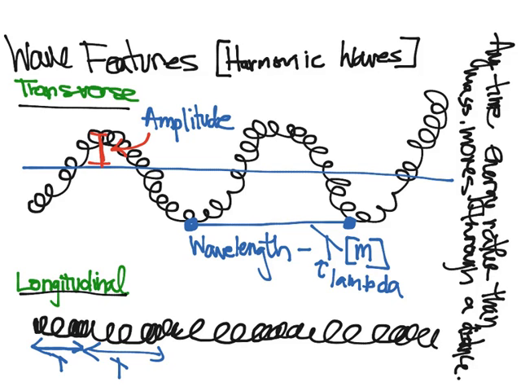And the symbol for amplitude is just A. It is also in meters for a transverse wave. For a longitudinal wave, the amplitude is also a thing, but it's in tension.